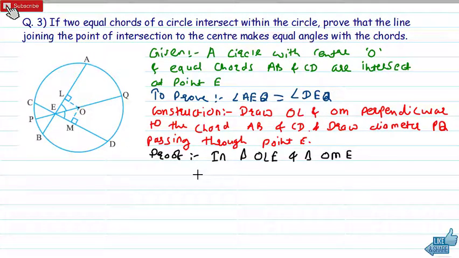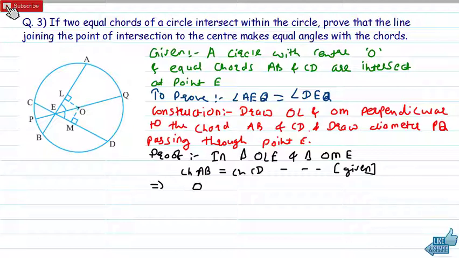So write that chord AB is equal to chord CD, and that is given, which implies OL is equal to OM. The reason: chords equal in length are equidistant from the center.